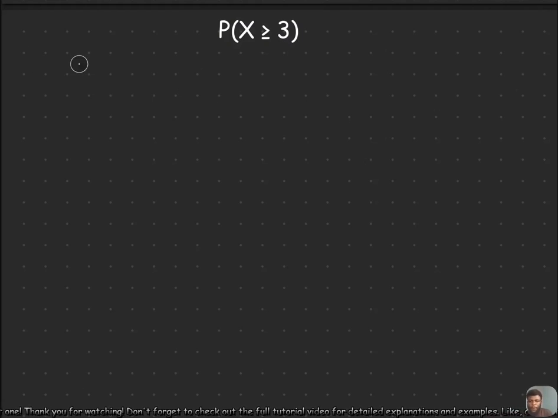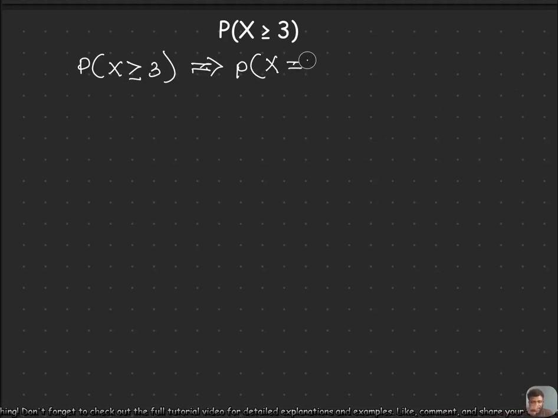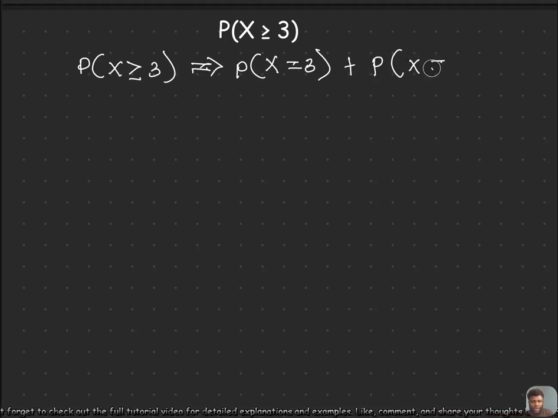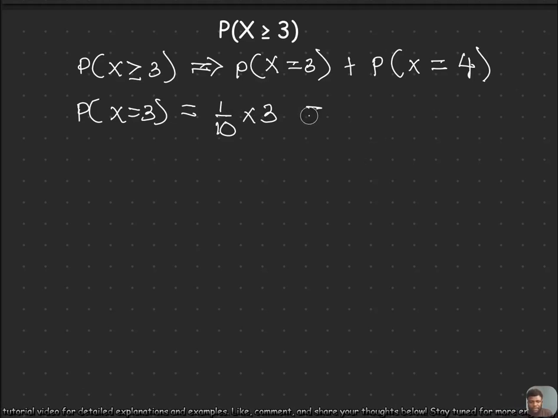So if we have the probability of x being greater than or equal to 3, it means we are then going to look for the probability of random variable x taking the value of 3, and then the probability of random variable x taking a value of 4. You see, so we will then solve for the probability of this random variable, that is 3, and that is 1/10 multiplied by 3, which gives us a 3/10.